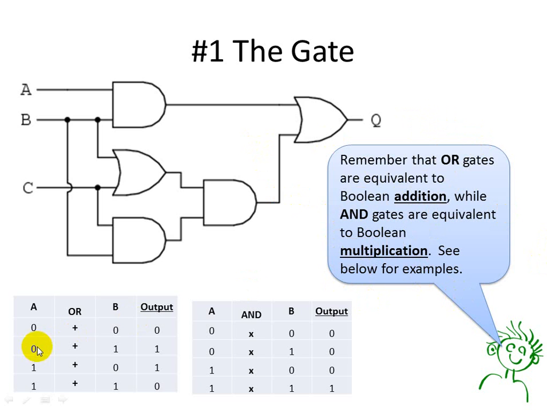For example, look at this OR. If you imagine it as addition, it's 0, 1, 1, and 0. Remember, when we add Boolean 1 and 1, it actually results in a 0, carry 1. So remember that OR and addition behave in the same way.